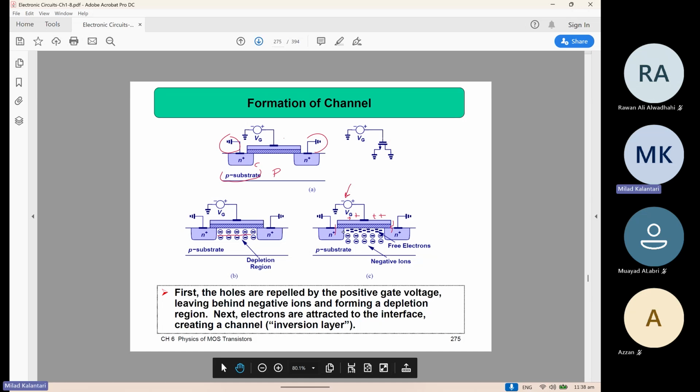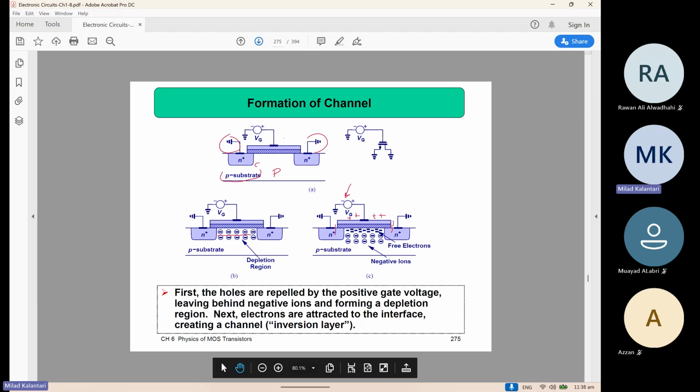And this negative charge is now free. In fact, free electrons are forming under the channel region, basically. And once this happens, the transistor can conduct, right? So basically, this is how this transistor works.